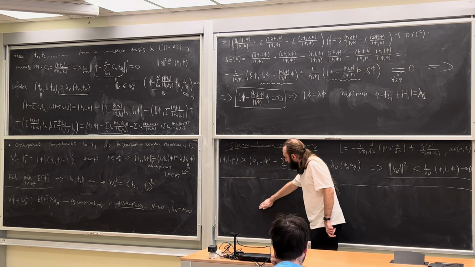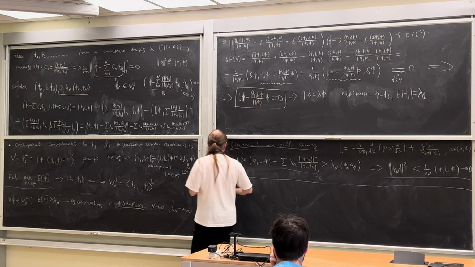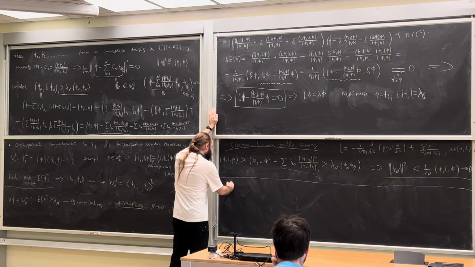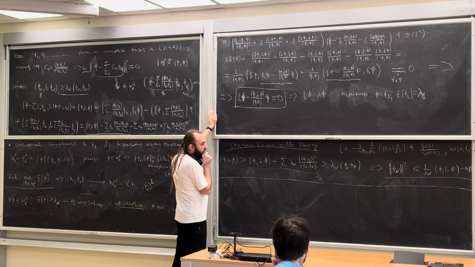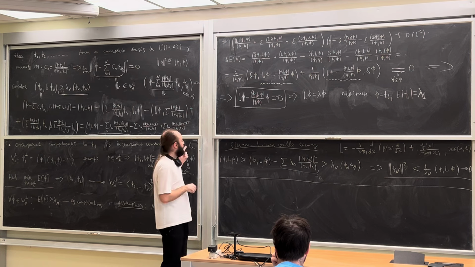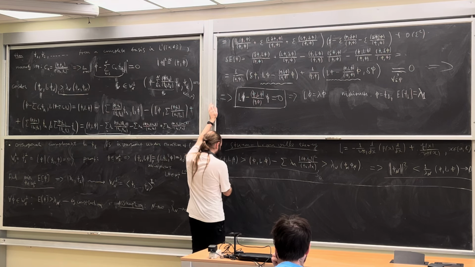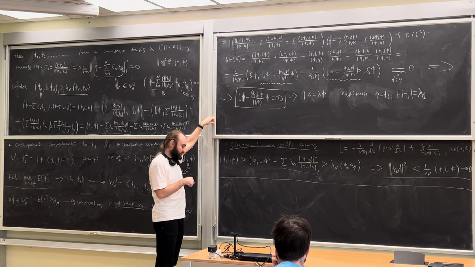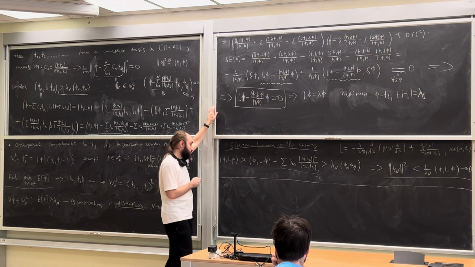So let us draw some pictures. Let's say that we are studying some equation with zero boundary conditions, for simplicity. It also applies for other boundary conditions. It will just change the counting of zeros a little bit.